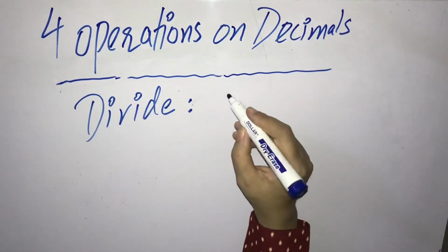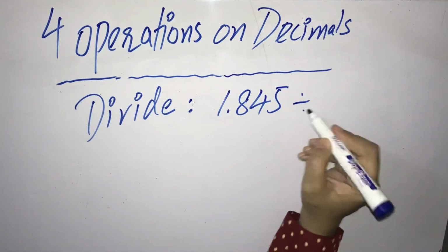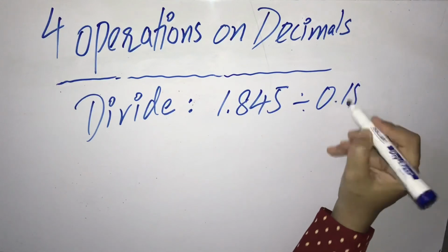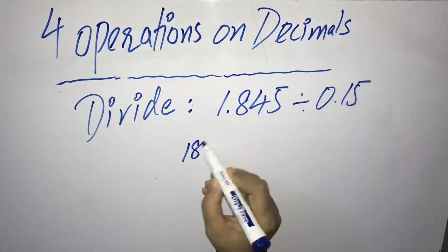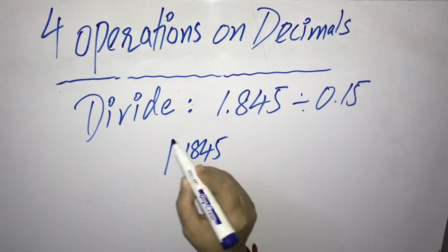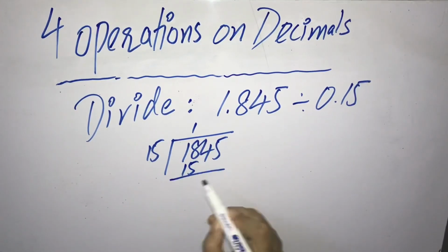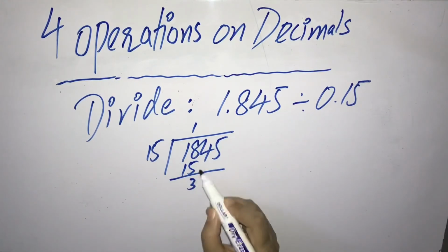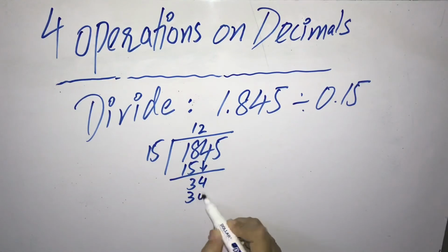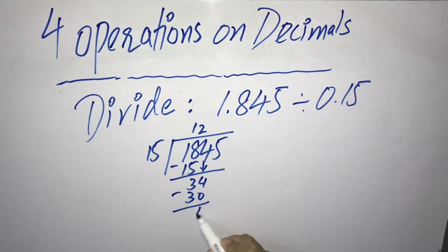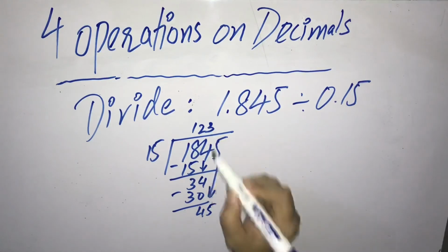Now if I have to divide 1.845 by 0.15, what shall I do? I will write 1845 divided by 15. 15 1s are 15, 16, 17, 18, 15 2s are 30, 15 3s are 45.